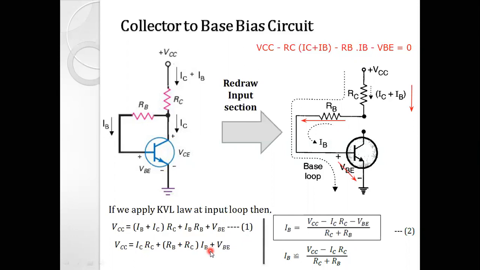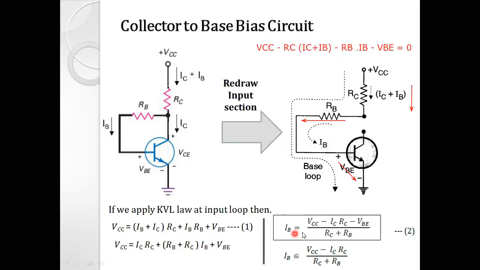From this, when we make IB the subject of the equation, when we send this VBE to the left-hand side, it becomes VCC minus VBE. Then when we send ICRC also to the left-hand side, it becomes negative, so minus ICRC. And this (RB plus RC), which multiplies IB, when we send it to the left-hand side, goes in the denominator.